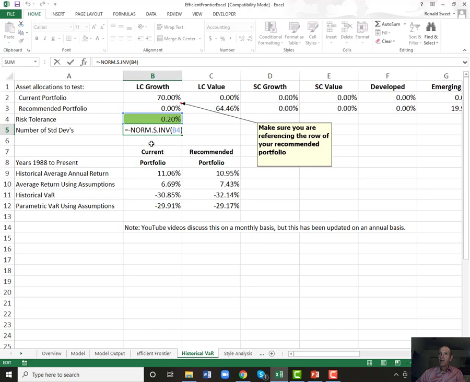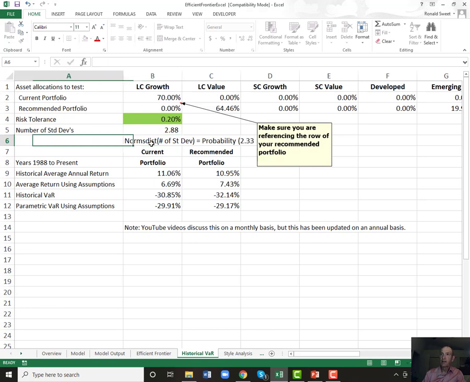And then I'm using this function here, which is an interesting function. Remember, the function we used before was NORM.DIST, and then you would put the number of standard deviations, and that will give you the probability. Remember, the table might give you, if you did 1%, some value like 2.33.